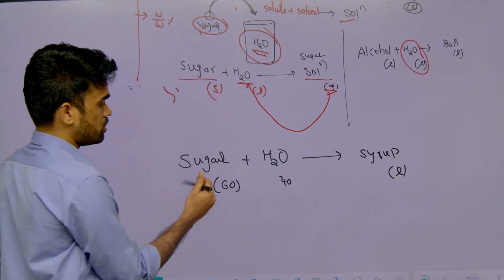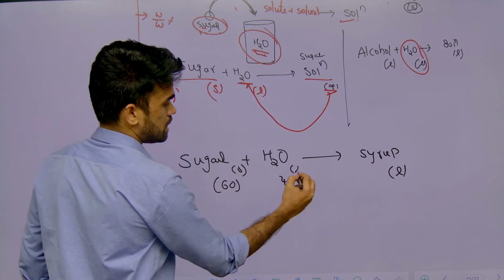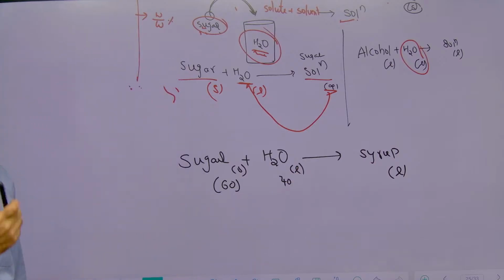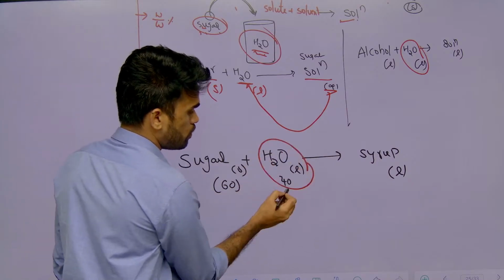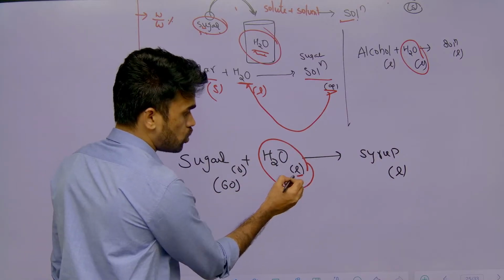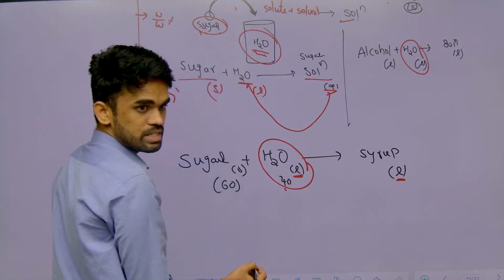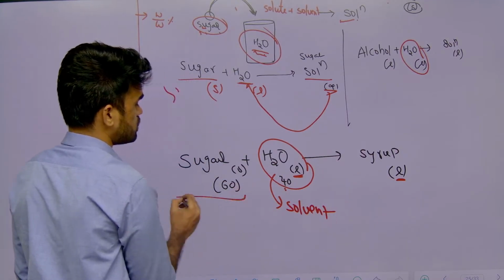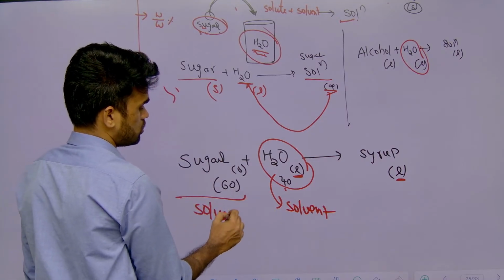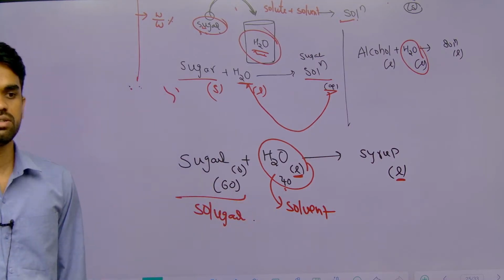Sugar is solid, this is liquid. So which is solute and which is solvent? Here, no matter how much the quantity is, look only at the physical state. So this is our solvent, this is solute. Write this example also.